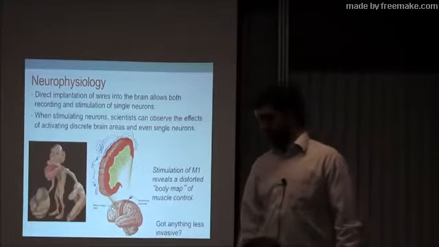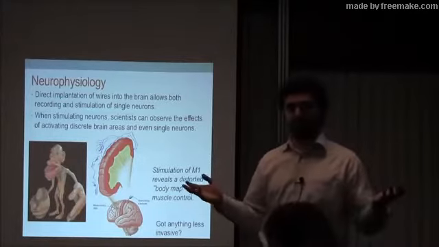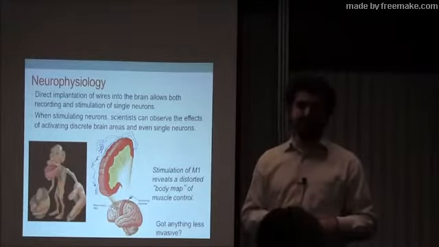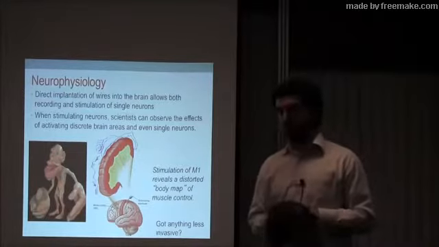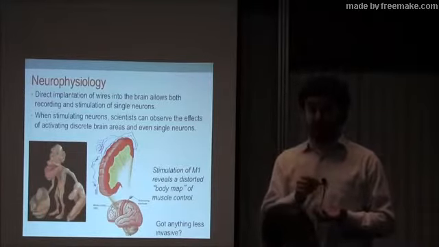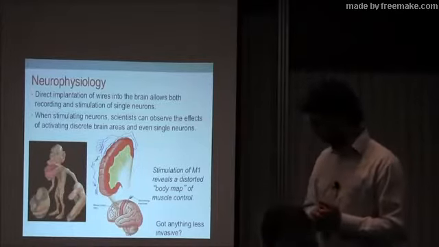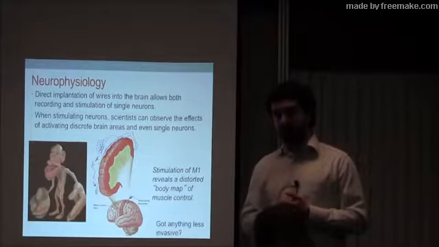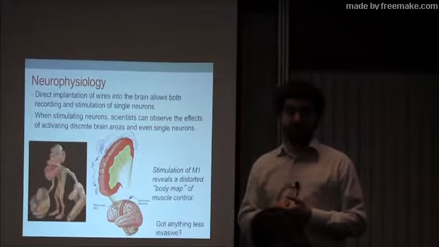Okay. We spoke about imaging techniques, postmortem studies, anatomy techniques, lesion studies, and single neuron recordings. What else can we do to study the brain? We said that neurons speak to each other using electrical signals.